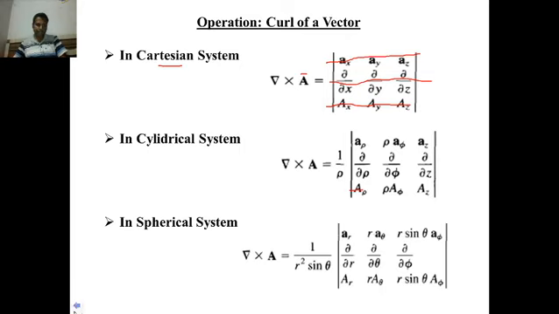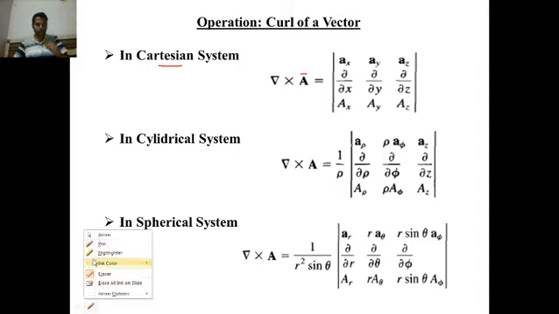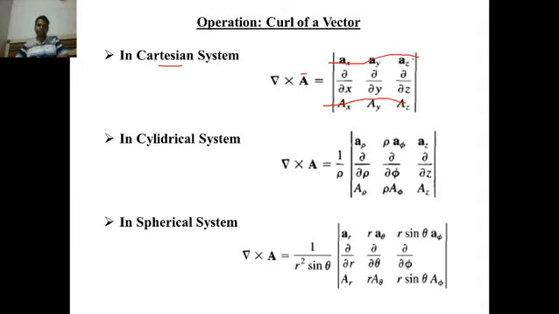What are the additional terms? Here there is no additional term attached in the third row or in the first row, because the differential lengths in Cartesian system are dx, dy, dz. There is no change in the formula.